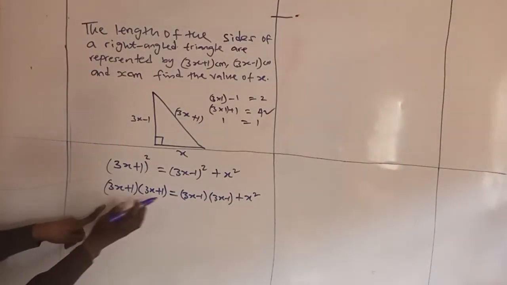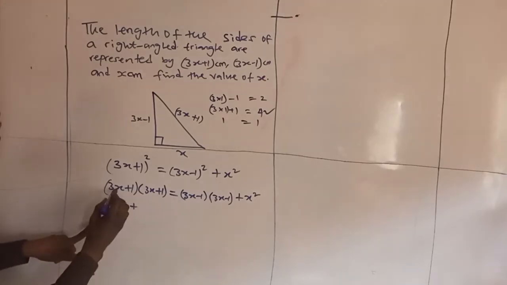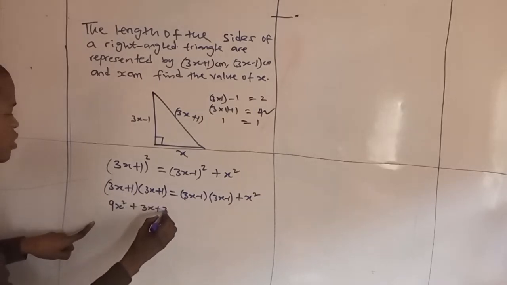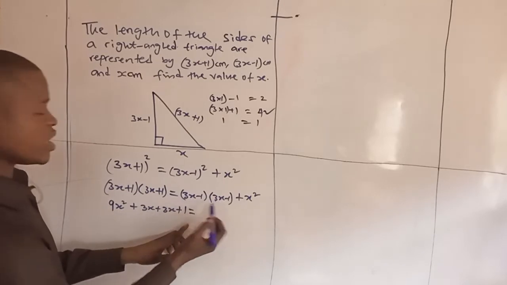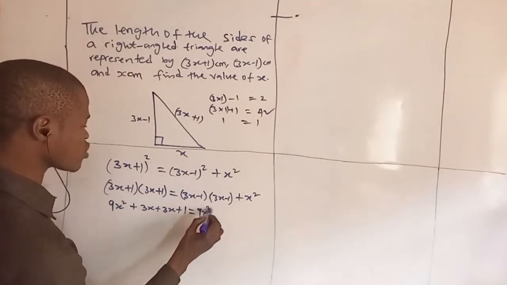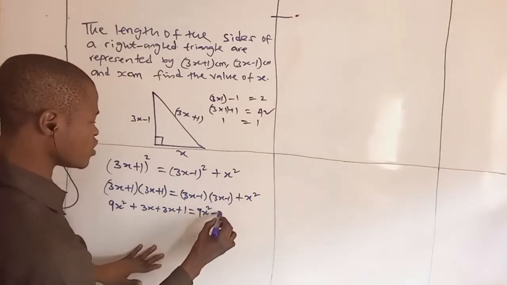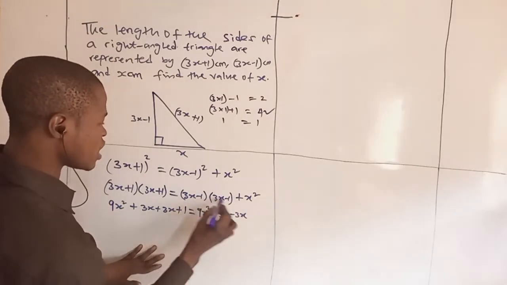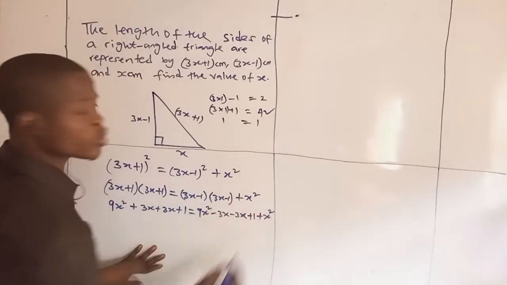So 3x multiplied by 3x gives us 9x squared, plus 3x multiplied by 1 is 3x, plus 1 multiplied by 3x is 3x, plus 1 multiplied by 1 is 1, equal to 3x multiplied by 3x, this will give us 9x squared, minus 3x multiplied by 1 is minus 3x, minus 1 multiplied by 3x is minus 3x, and minus 1 times minus 1 is plus 1, plus x squared.